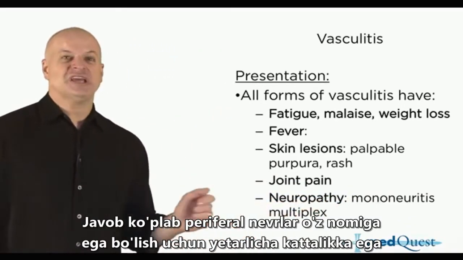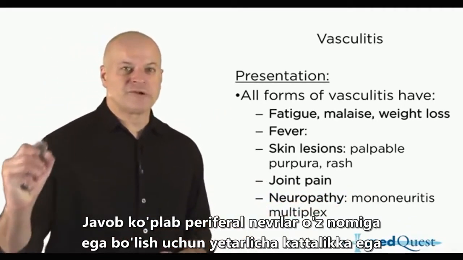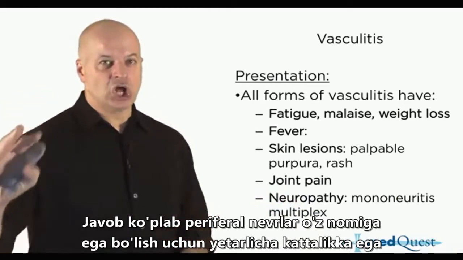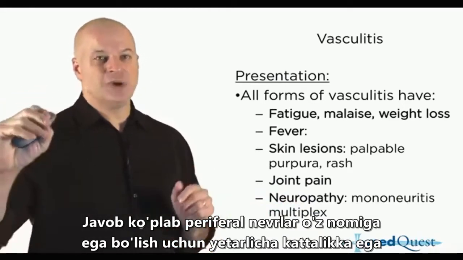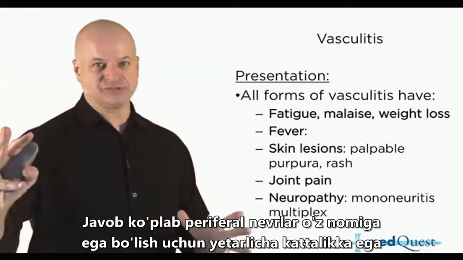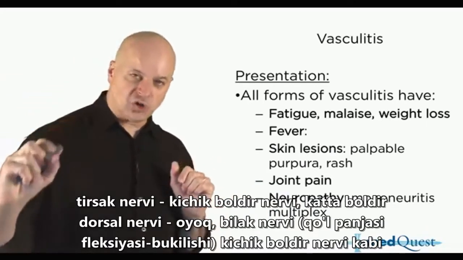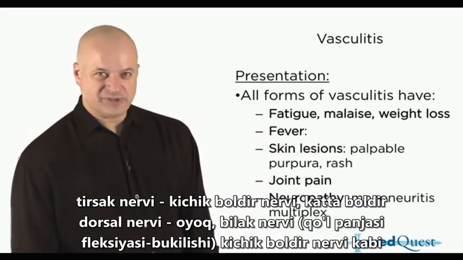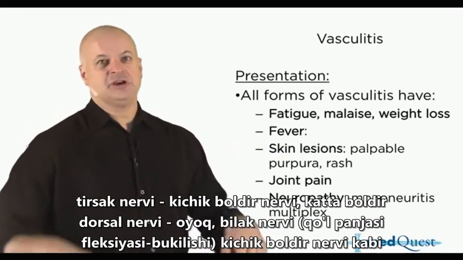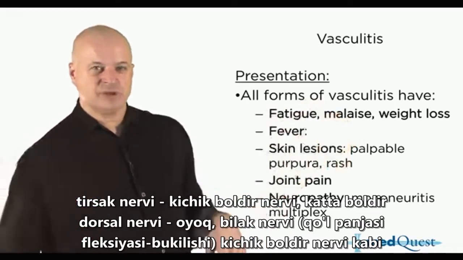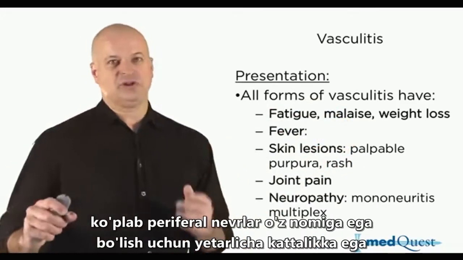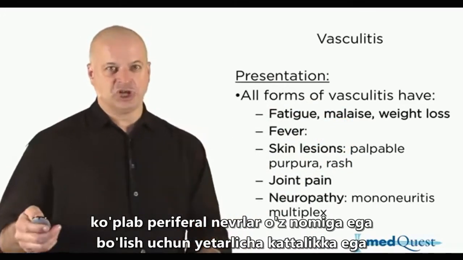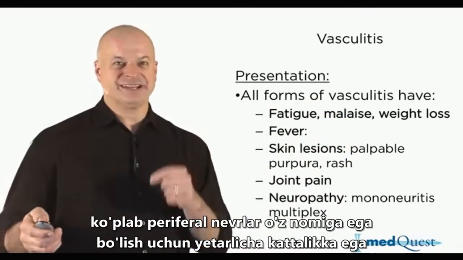The answer is, it's multiple peripheral nerves large enough to have names. Ulnar and peroneal, dorsalis pedis, tibial, foot drop, radial and wrist drop. Multiple large peripheral nerves, large enough to have names.